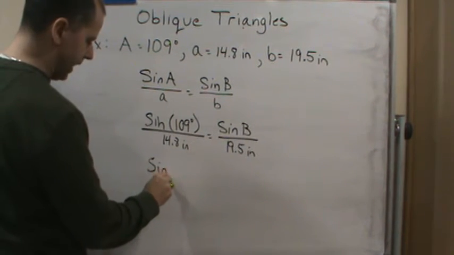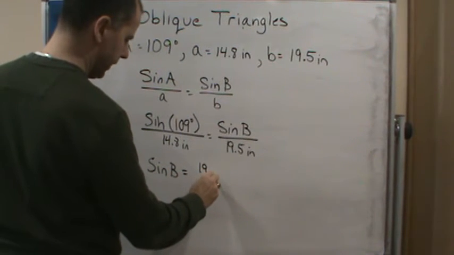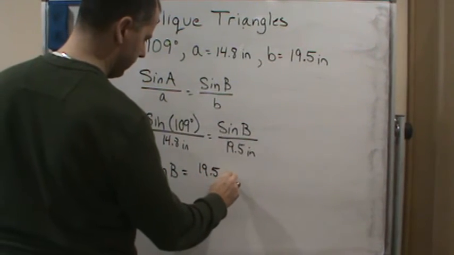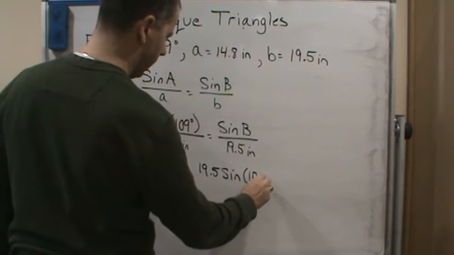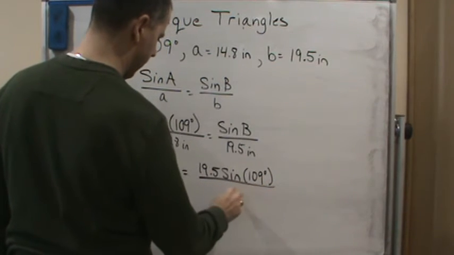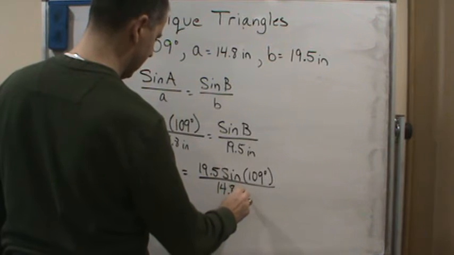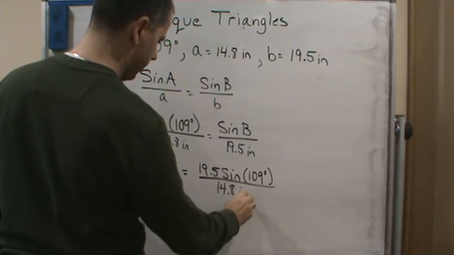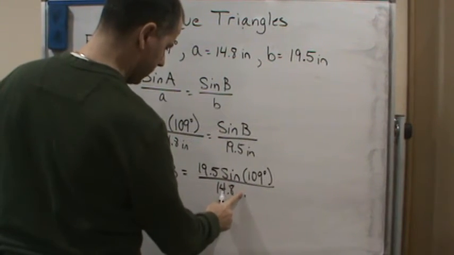And so I get sine B is equal to 19.5 sine 109 degrees divided by 14.8 inches. Okay. Well, we don't need inches.